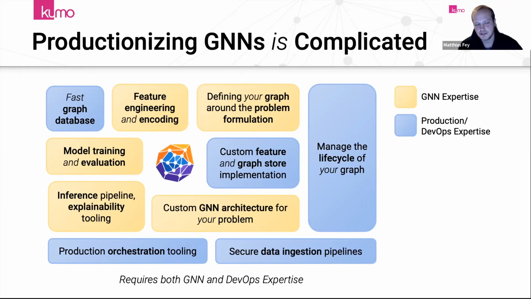It's also tricky if your graph is temporal and ever changing, because then you need to manage the life cycle of your graph, updating it accordingly if you run new predictions. And then there are different DevOps requirements, such as secure data ingestion pipelines, or dealing with orchestration, such as retraining your model or scheduling inference calls, and so on.